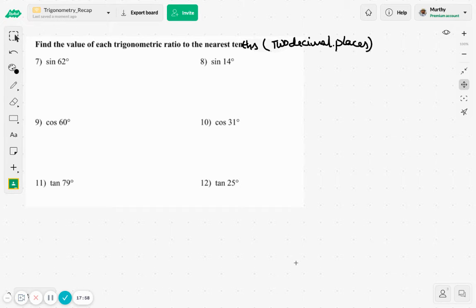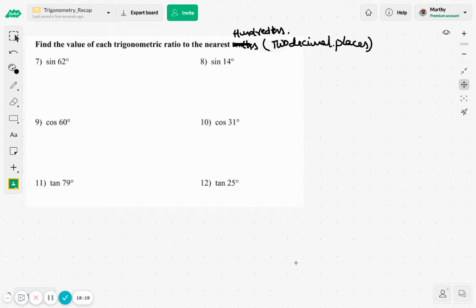So let me make some change. Instead of tenths, let's take hundredths, which means two digits after the decimal. If you have a TI-84 calculator, straight away you can enter and do that.